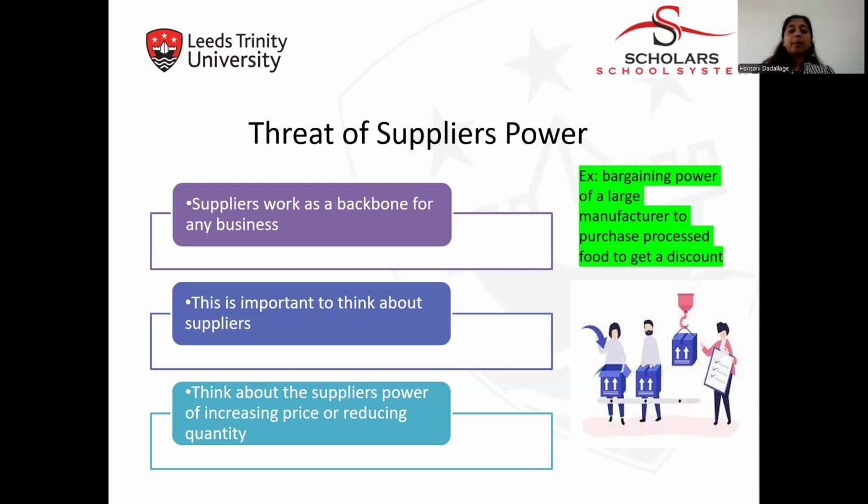This can happen when there are fewer suppliers in the market, that means only a few suppliers are supplying materials for your business. In that case, those suppliers have high power. But if there are so many suppliers in the market, if one supplier is raising their prices, you can easily switch to another supplier. So depending on your industry, you have to analyze the threat of suppliers' power.